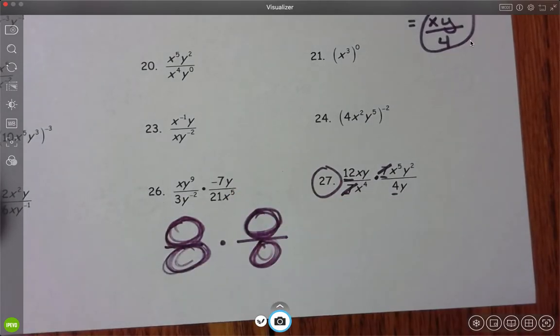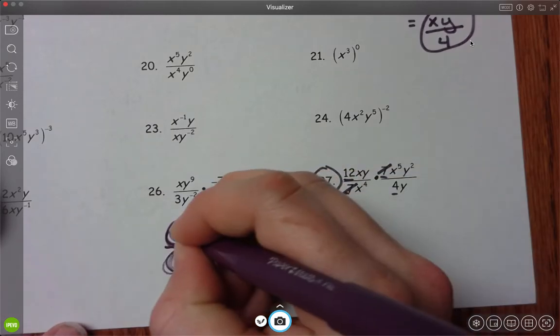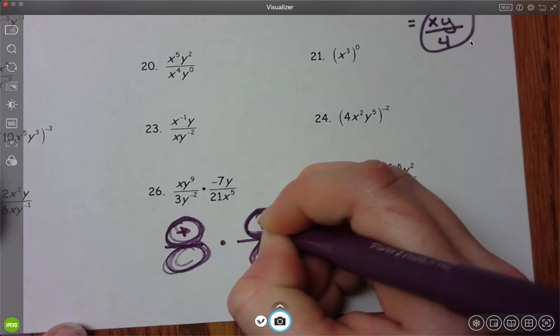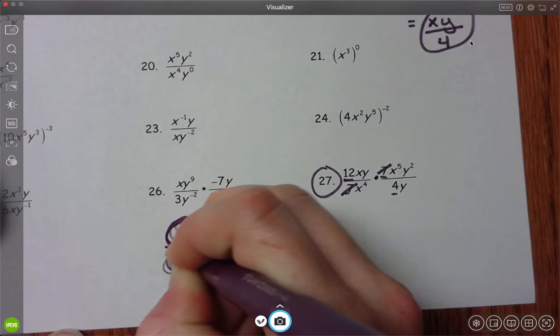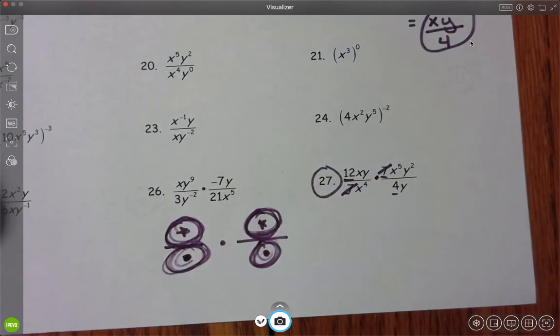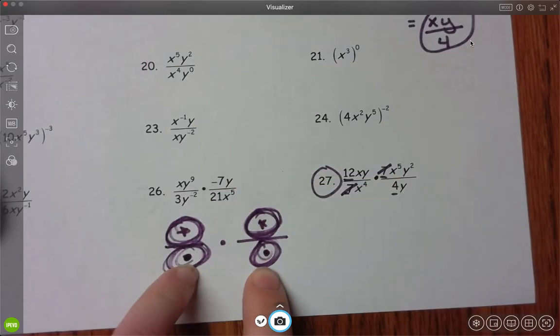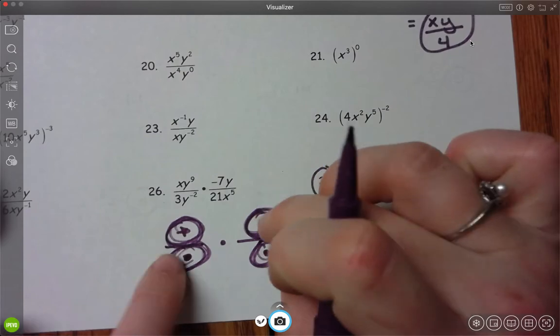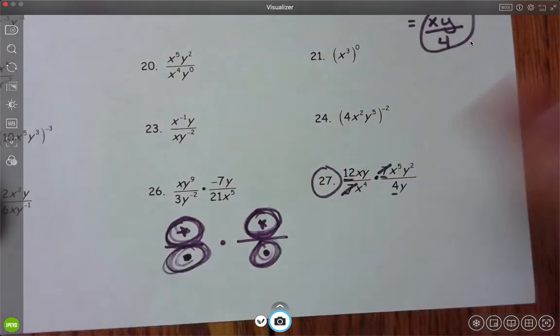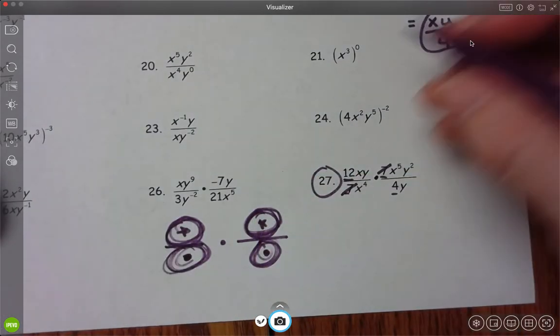The only two combinations that I can't reduce is if I have something here and something here, or something there and something there. So if I have two things that are on the bottom, I can't reduce them. If I have two things that are on the top, I can't reduce them, but I can reduce anything that is across from each other or straight up and down from one another. Okay, so those 7s I can cross out.